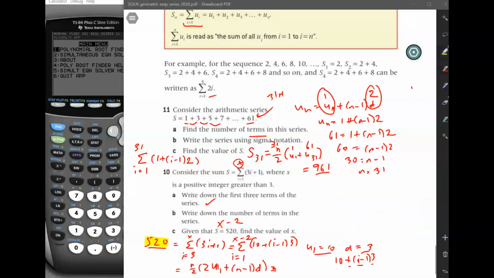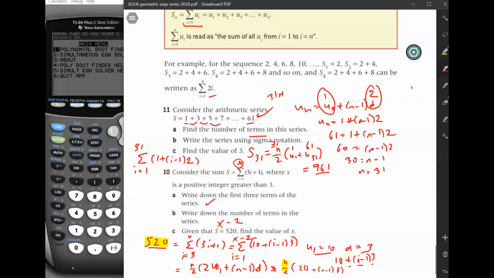Now I'm going to rewrite it using u1 equals 10 and d equals 3. If I do that, it'll be n over 2 times 2u1, which would be 20, plus n minus 1 times 3. Okay.